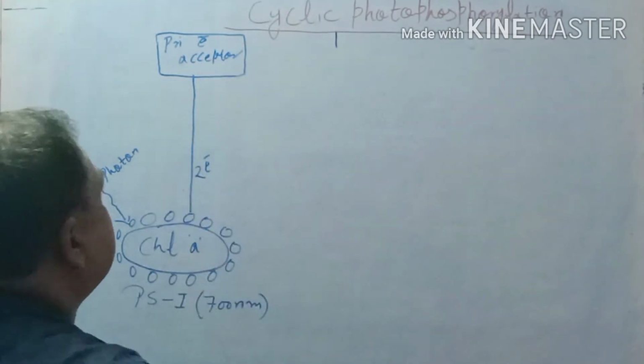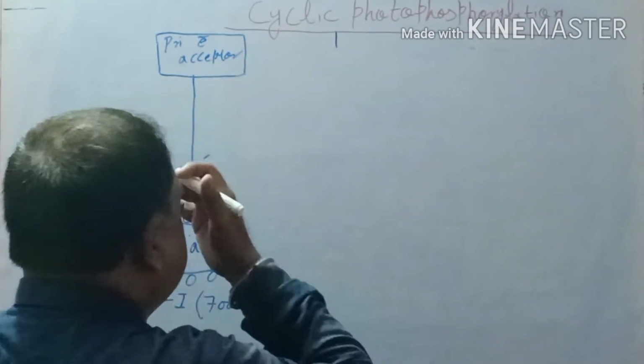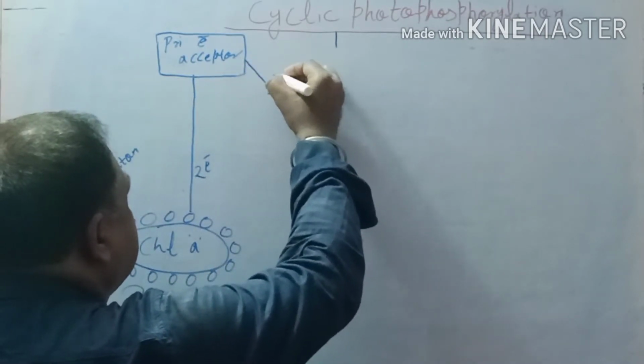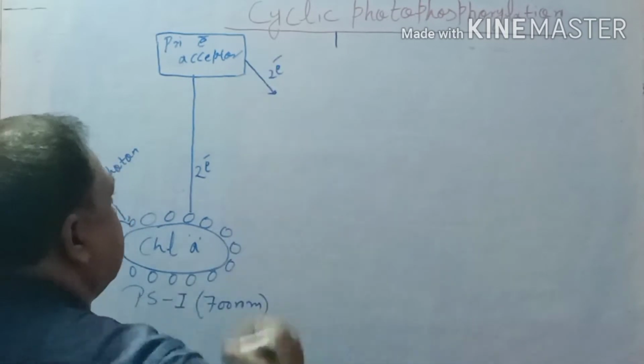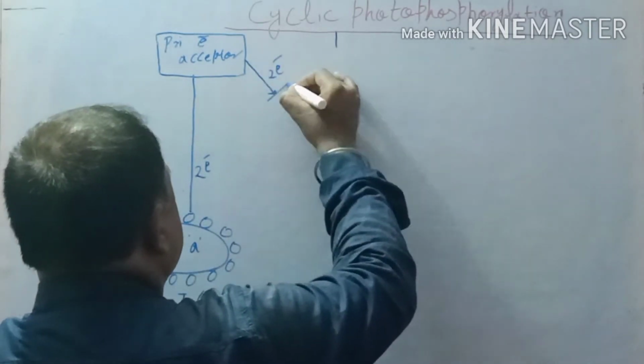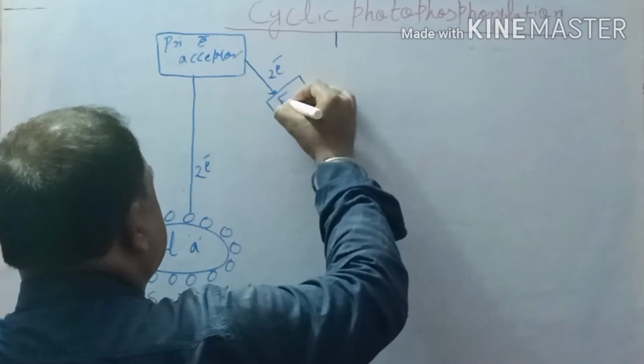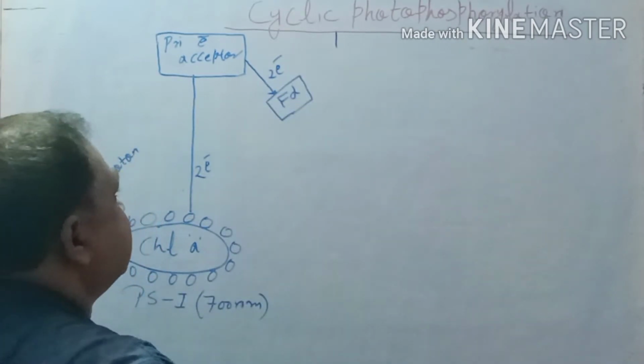Here the pair of electrons is accepted by the primary electron acceptor. Then this pair of electrons goes to ferredoxin, that is FD.